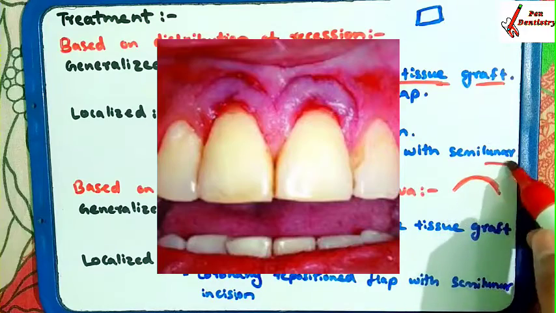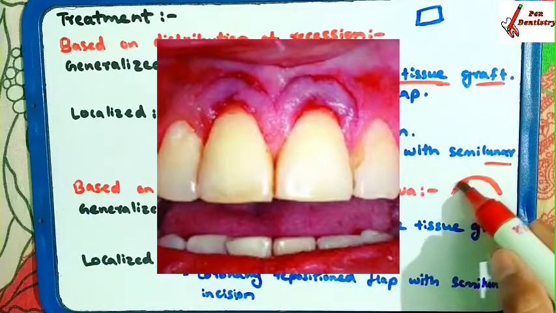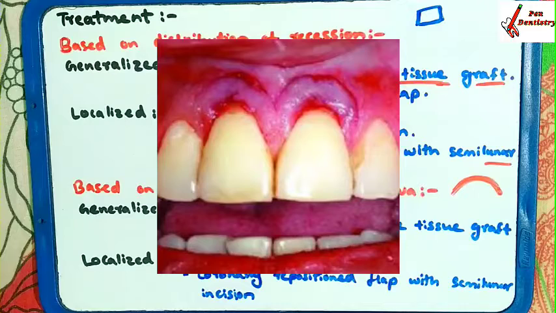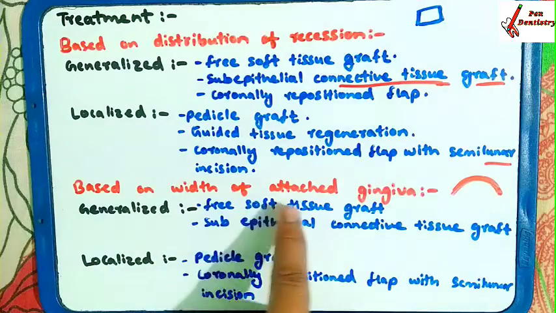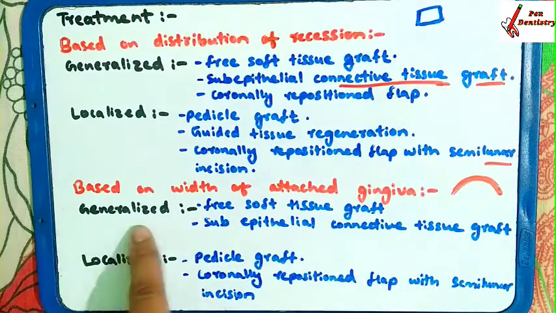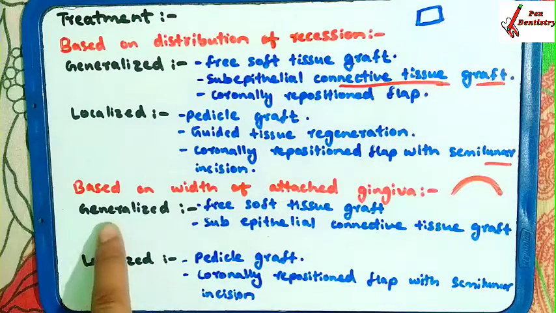Lunar is moon, so it is a half-moon incision. That's why it is known as semilunar. Coronal repositioning is done based on the width of the attached gingiva, how much width the attached gingiva has.